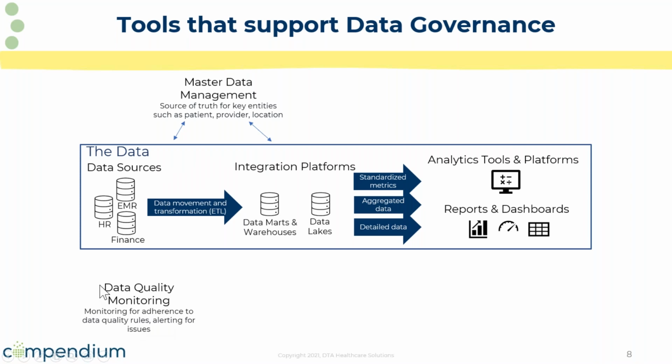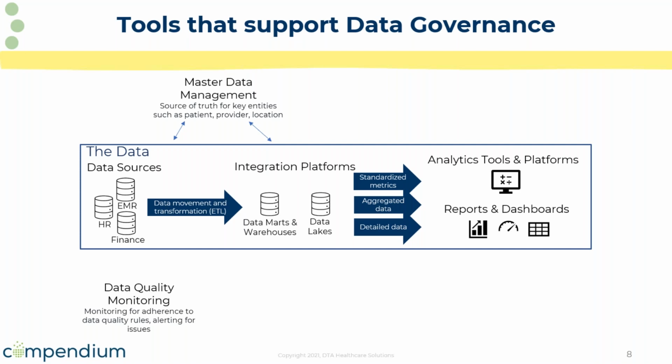Data quality monitoring is another set of tools that you might hear about. So these are tools that look at your systems and look for issues, missing data, invalid data. You identify rules, and your data quality monitoring will measure adherence to those rules and usually monitor and alert when there are issues.